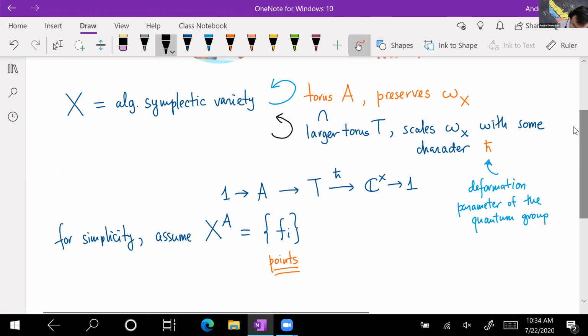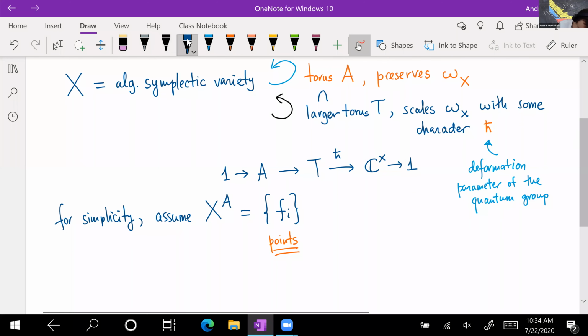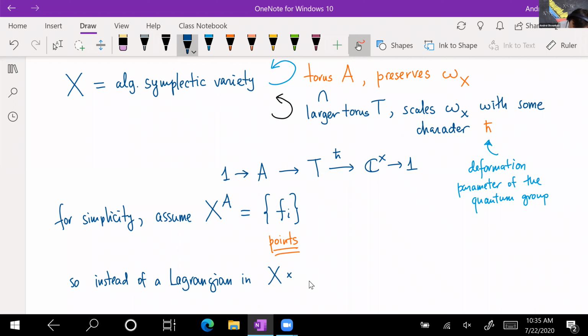So it means that in general, instead of constructing a Lagrangian, we need a correspondence of Lagrangians.